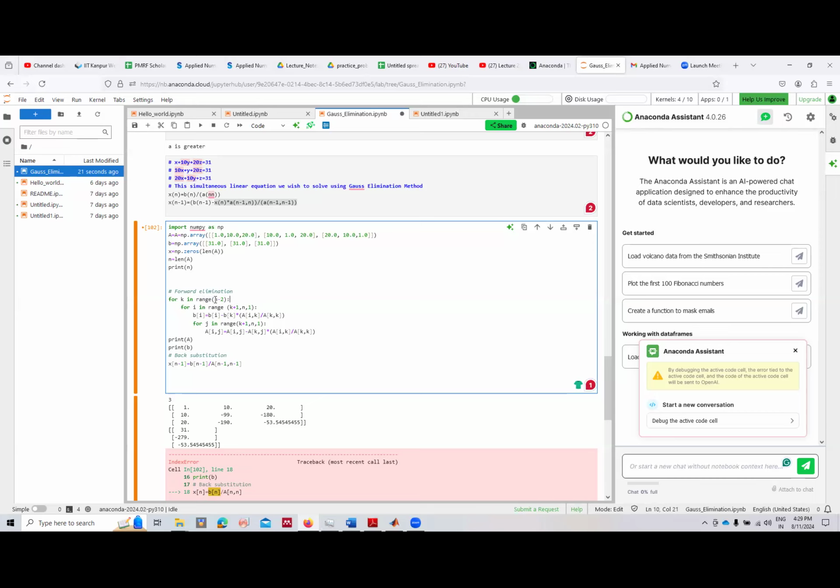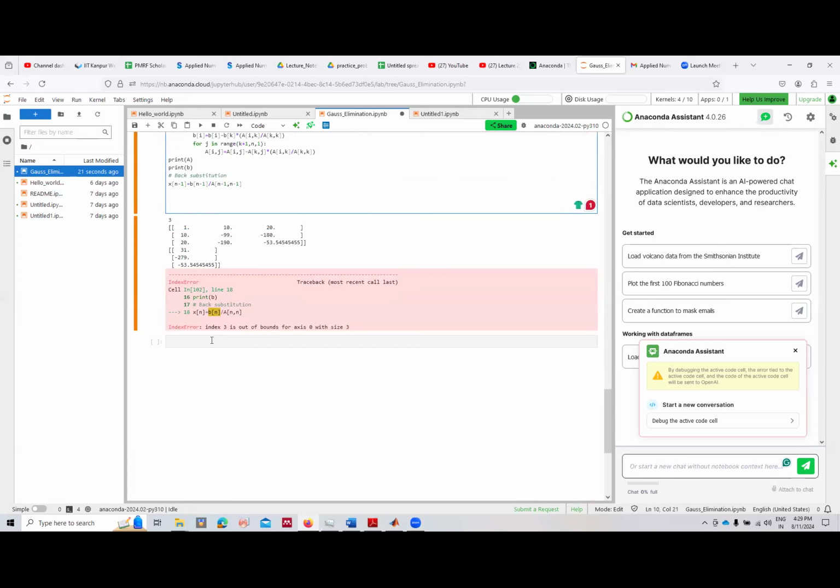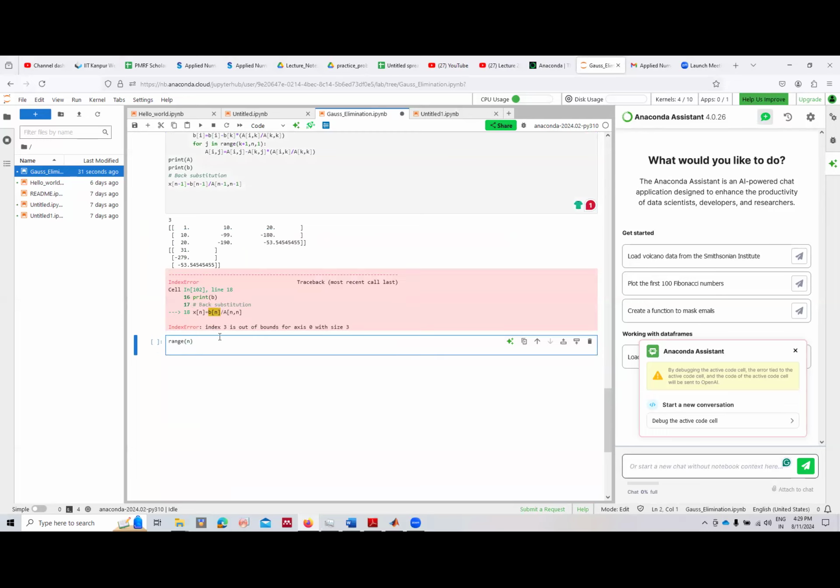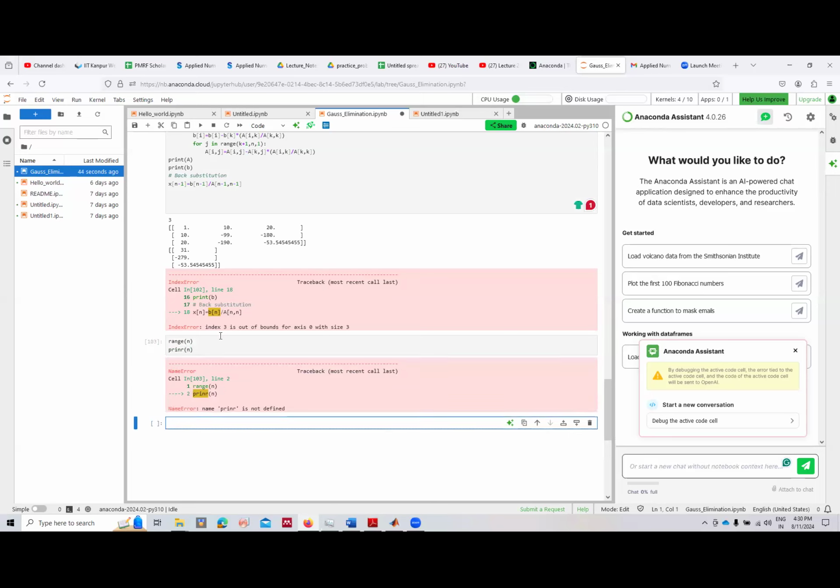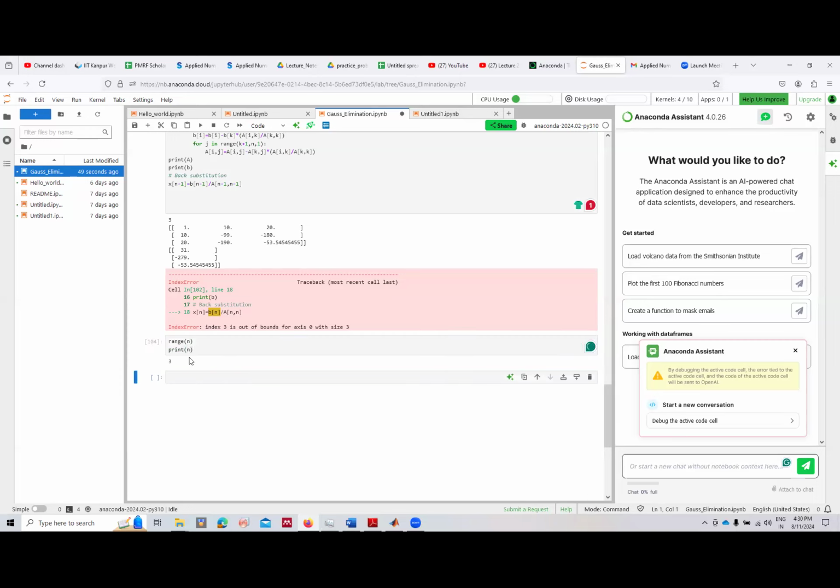Suppose I write range, and if I write, suppose here simply range and print 15, but that is showing some print spelling error. So it is range and okay.